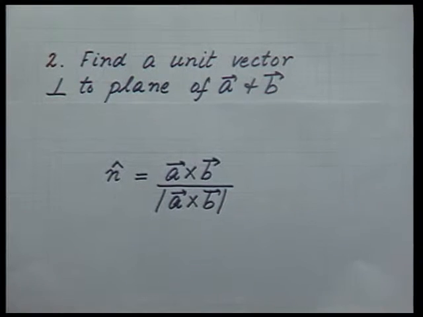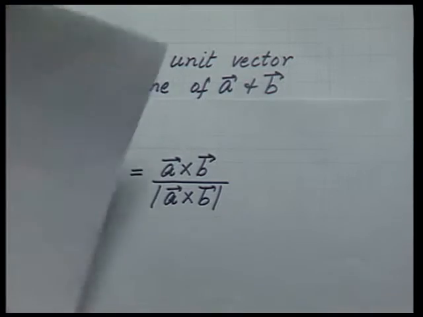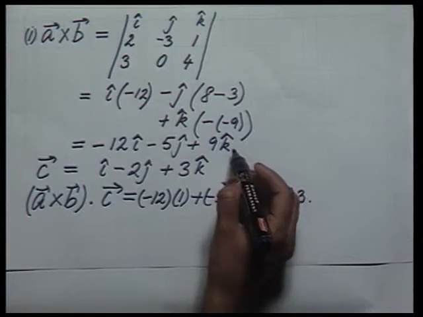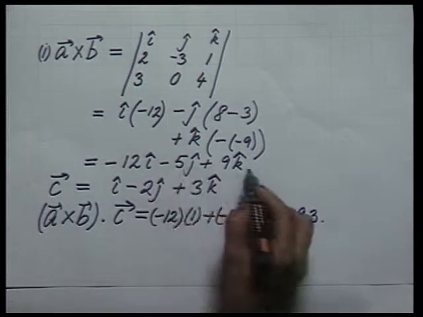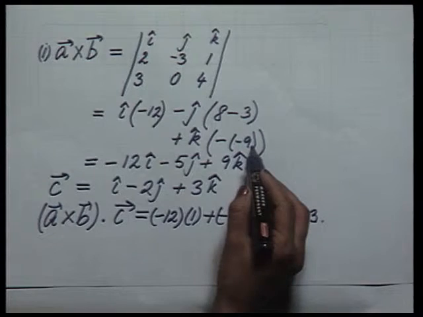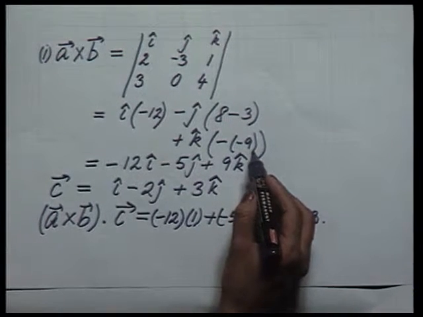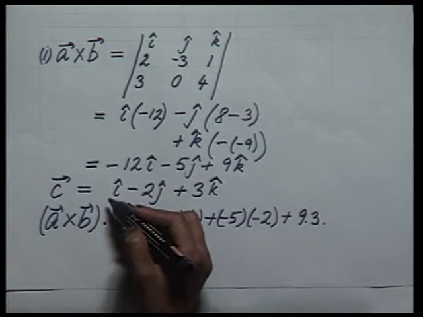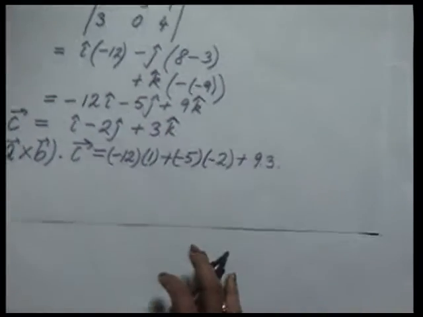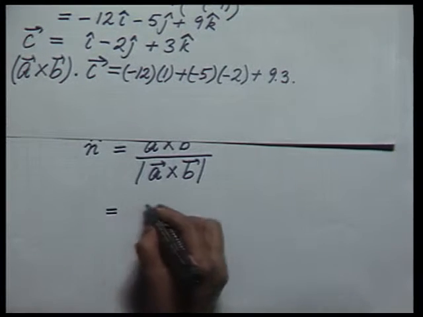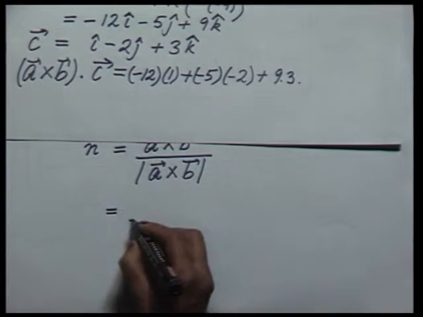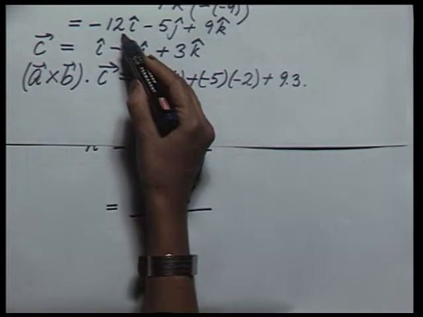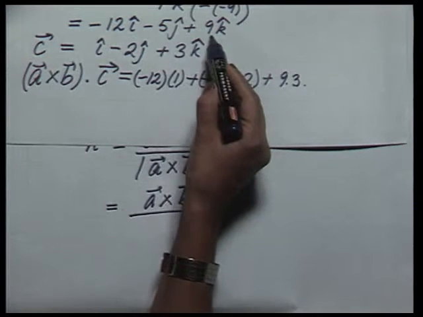Now, A and B are the vectors that were given to me earlier, and we have got A cross B. Do you remember what the magnitude of A cross B will be? It will be the positive square root of the sum of the squares of the components, that is the positive square root of (144 plus 25 plus 81).